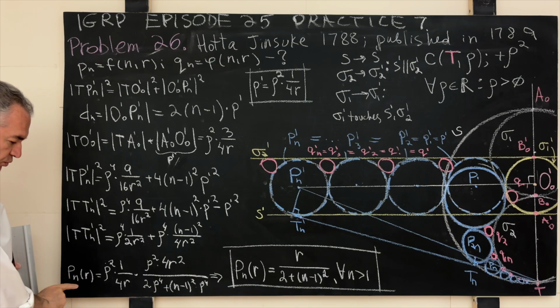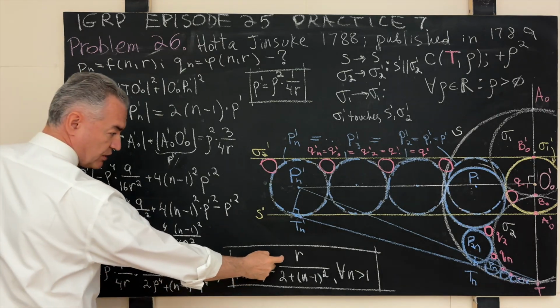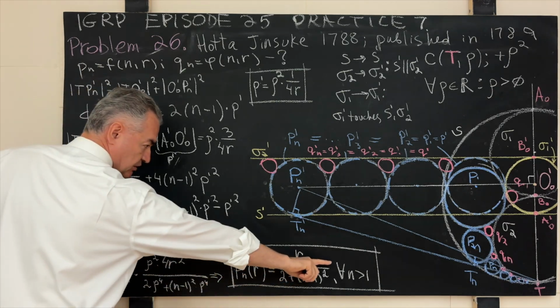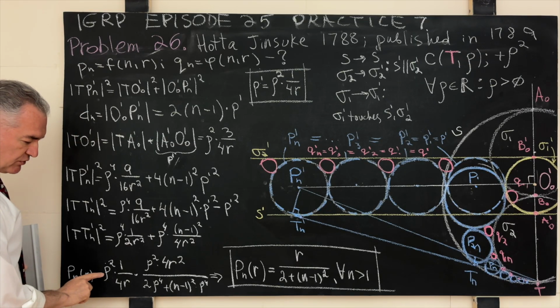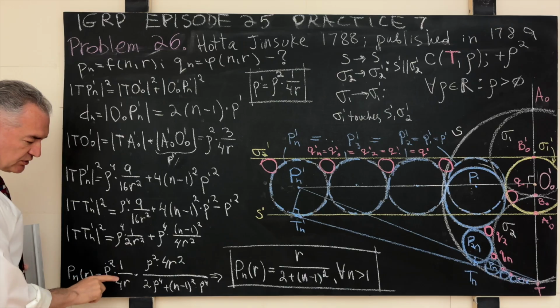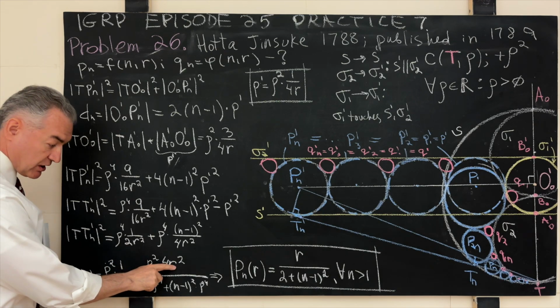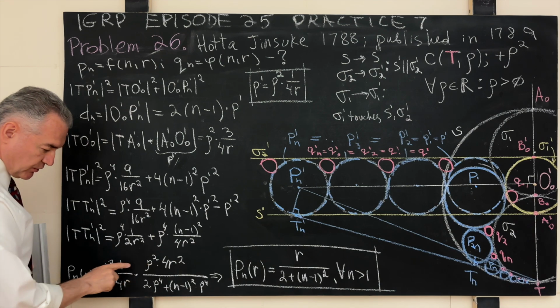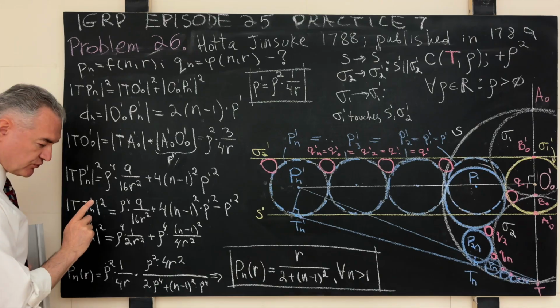And this is it. We come back, we pull up our expression that we had a few seconds ago at the bottom center of the board, and we write it down like so. Rho squared times 1/4r times rho squared times 4r squared. And look at this. Rho squared times rho squared becomes rho raised to the 4th power.